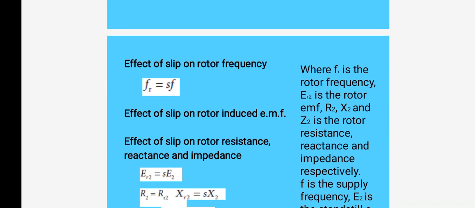The effect of slip on rotor frequency: Fr = s F, where Fr is the rotor frequency.